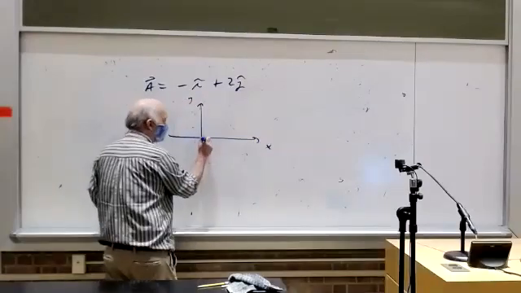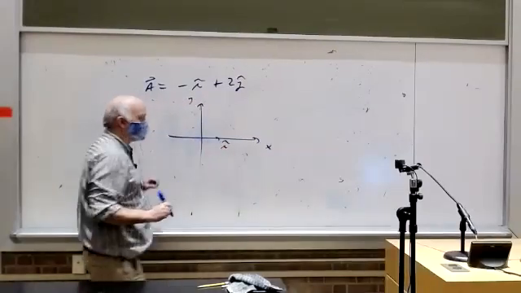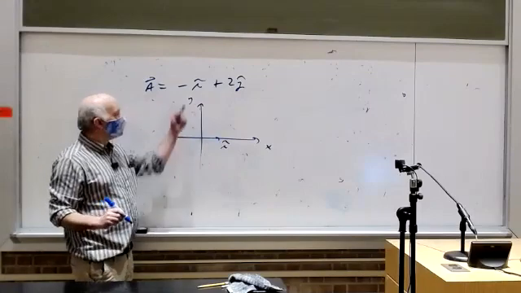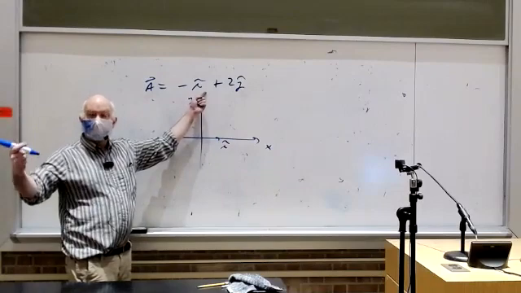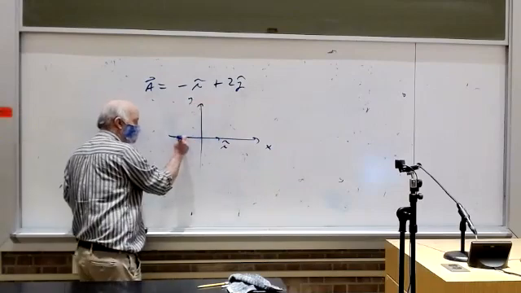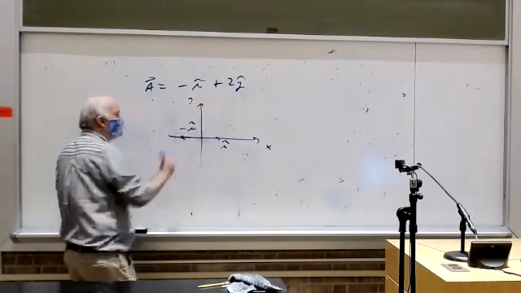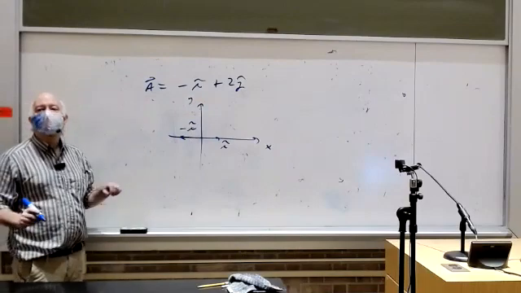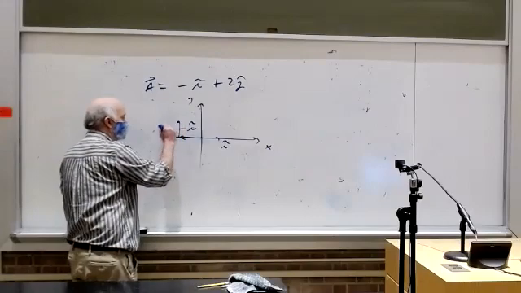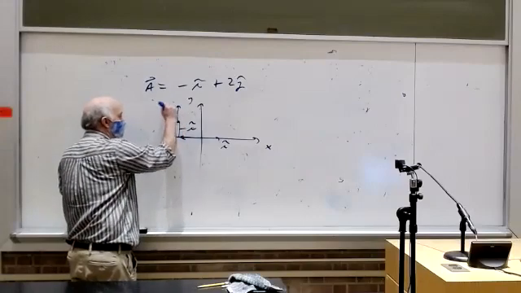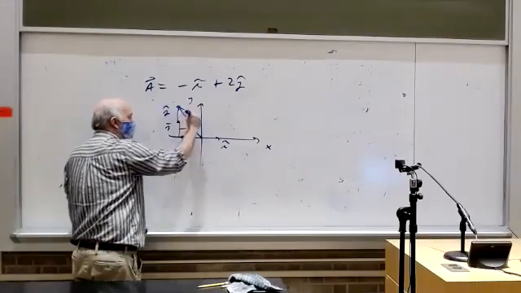We know the I hat is like this. That's I hat. But what do we have? Minus I hat. So what happens when you take a minus of a vector? You switch its direction. So this is minus I hat. And what are we adding to it? Yeah, J hat plus J hat. Here like this. So our vector is actually this guy here.